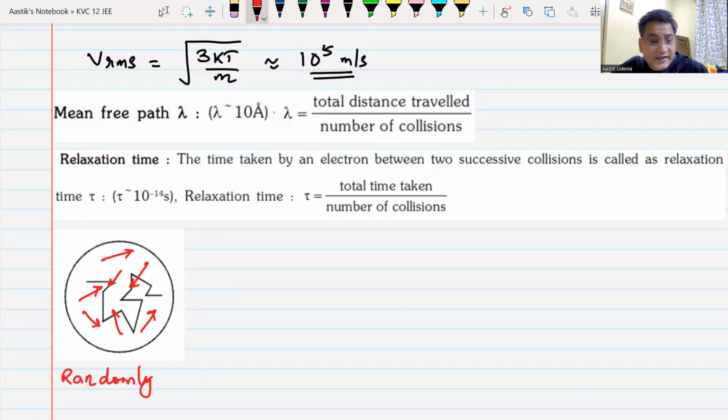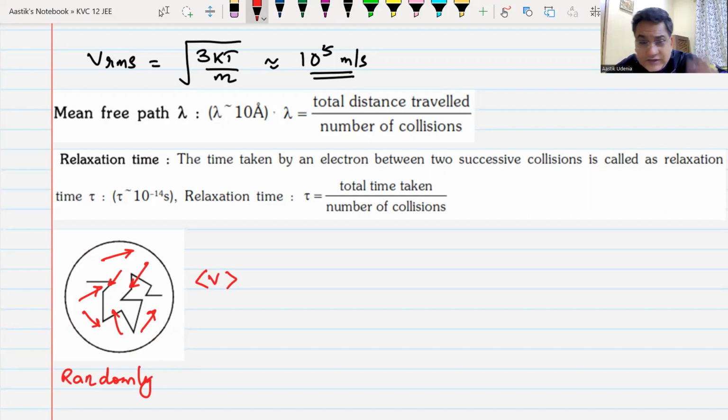So their net average velocity, their average RMS velocity, if you take a cross section, if there are n number of electrons moving in this direction, there will be n number of electrons moving in the opposite direction.